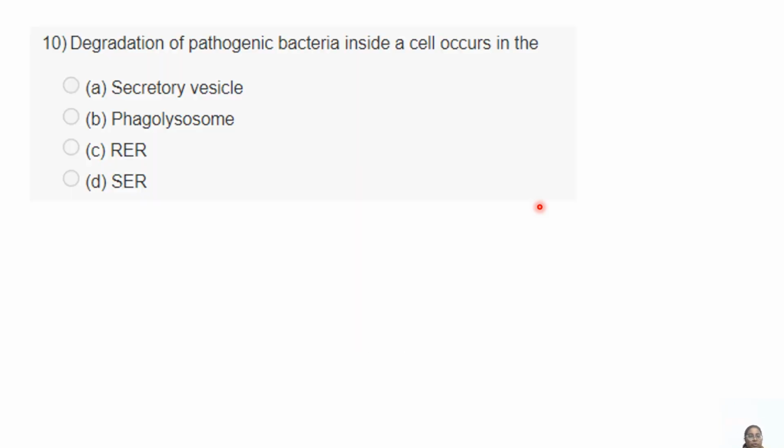So the first question for today is: degradation of pathogenic bacteria inside a cell occurs in the secretory vesicle, phagolysosome, RER, which is the rough endoplasmic reticulum, and SER, which is the smooth endoplasmic reticulum. So which one do you think is the correct answer?